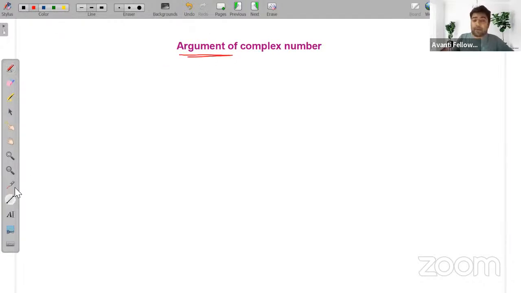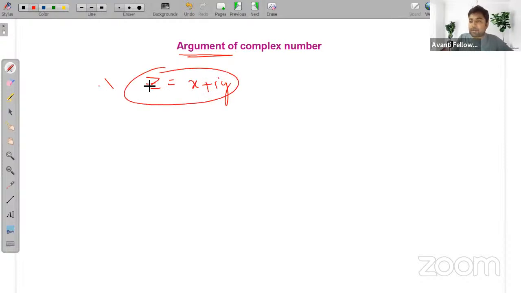Suppose we have a complex number z, which is x plus iy. How can we find the argument? What is the meaning of argument? First we will see. If we take this number in the Argand plane, suppose this is my point z, the complex number x plus iy.